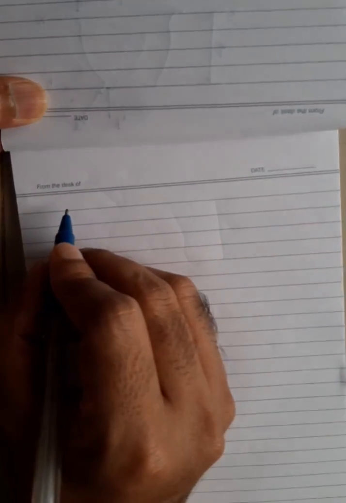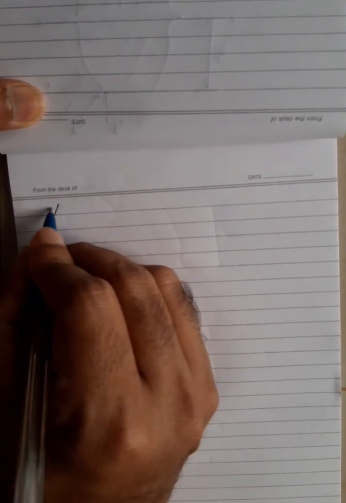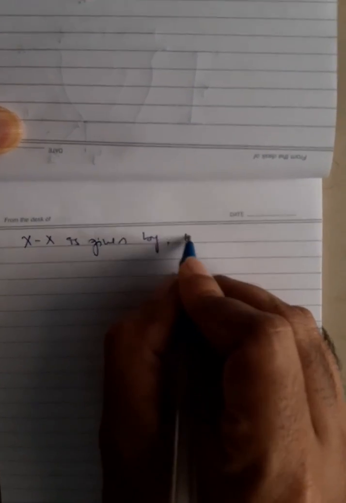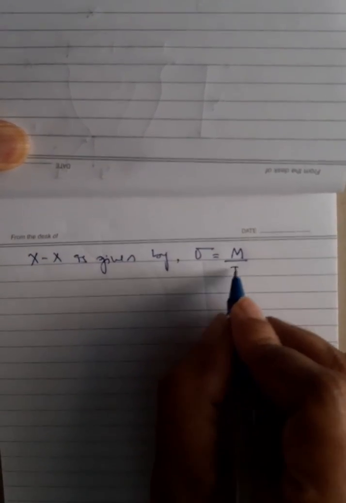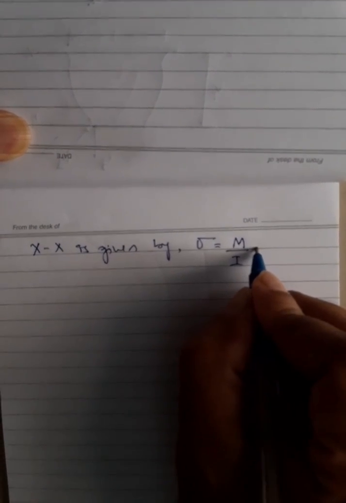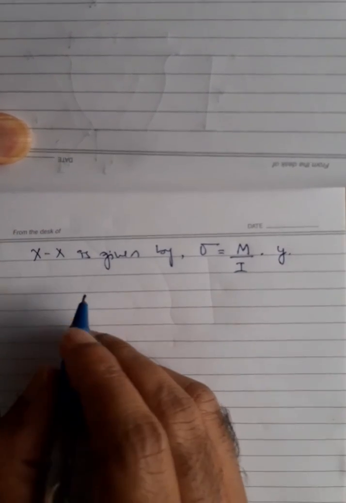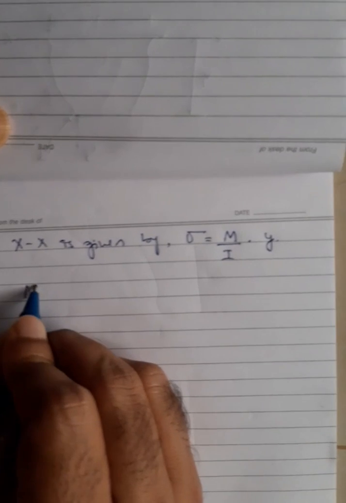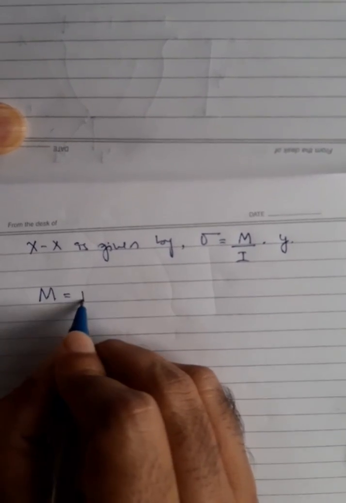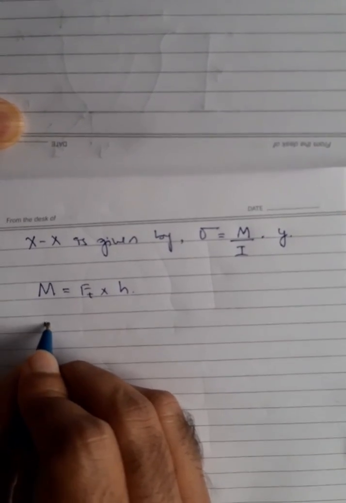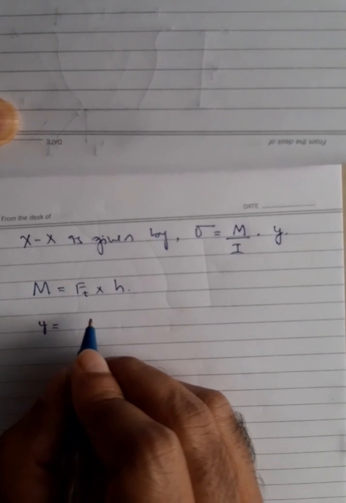The maximum value of bending stress at section XX is given by sigma is equal to M by I into y, where M is the bending moment at section XX. We already know that M is equal to Ft into h, where y is the distance from the neutral axis.